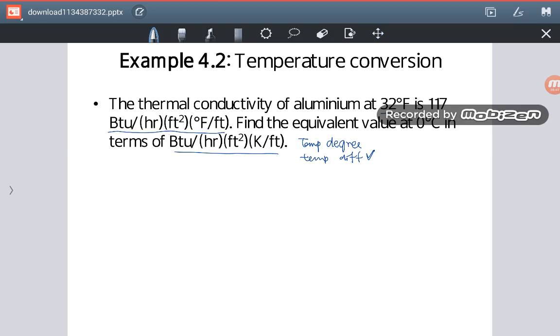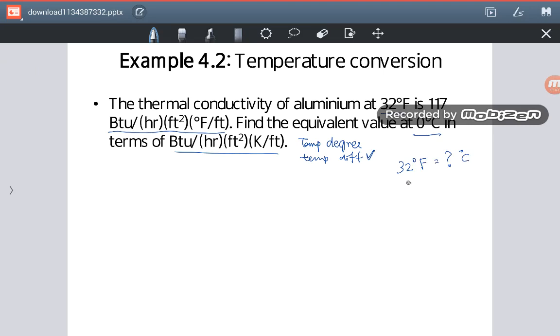So for this one, what we need to do is first look at the value of Fahrenheit to degree C. Okay, so 32 degree Fahrenheit is equal to how many degrees C?